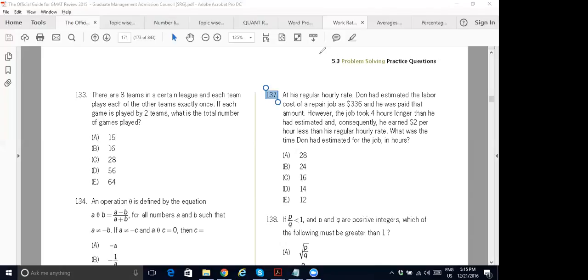It is that we have to identify the product of two numbers, 336, in such a way that the product of another two set of numbers, where one number is increased by 4, maybe AB is this and then A plus 4 times B minus 2. Yes.